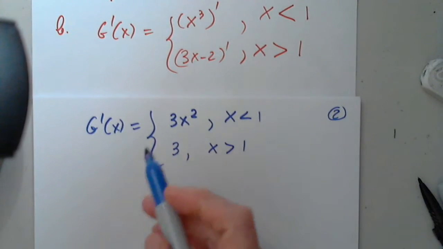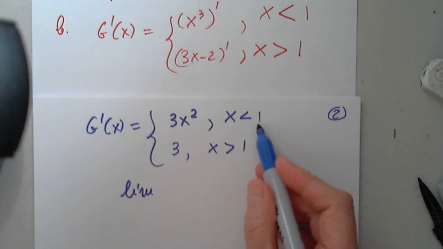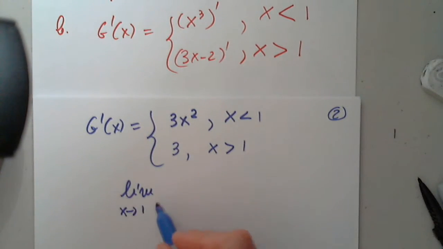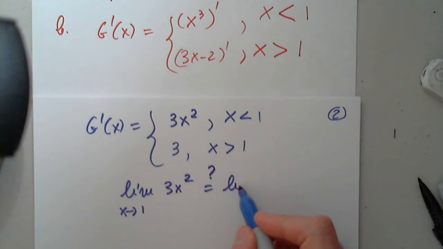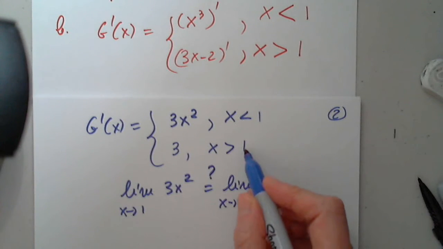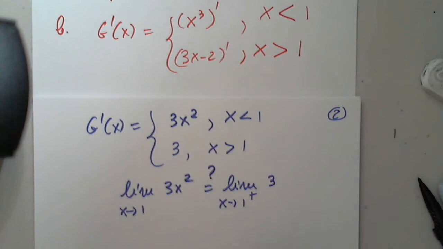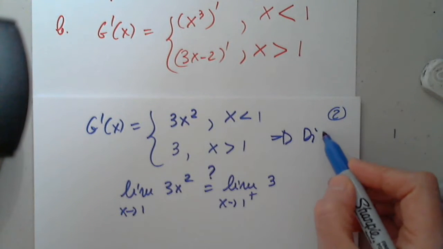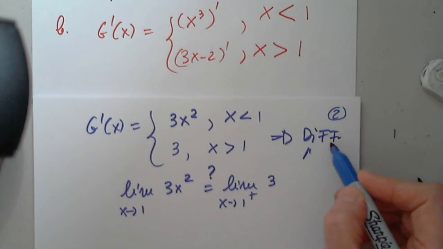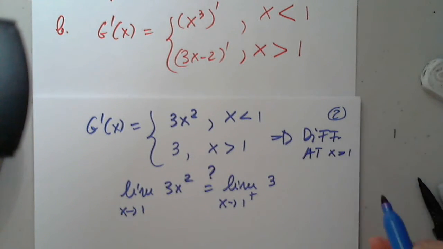Because of the limit as x approaches 1 from the left, we'll see yes or no. The limit as x approaches 1 from the right. If these two are the same, then we will conclude differentiable at x equals 1. So what is this limit?